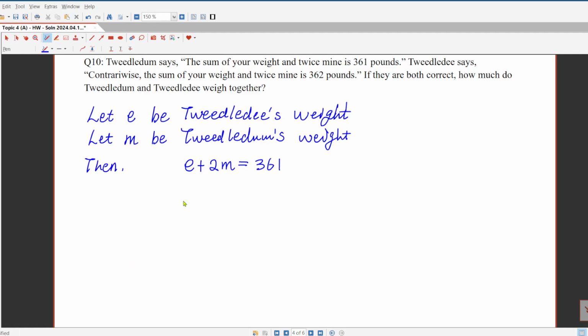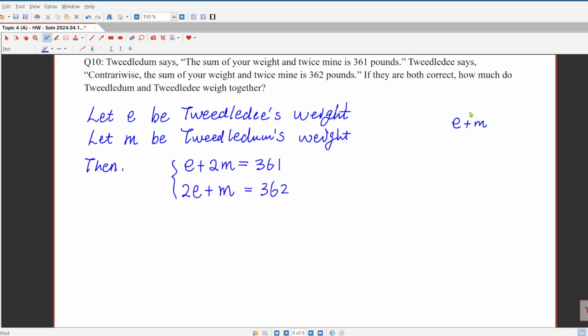From Tweedledee's statement, we have another equation, which is 2E plus M equals 362, right? Then our task is to solve E plus M, because the question asks you how much do Tweedledum and Tweedledee weigh together. So our task is to find E plus M.